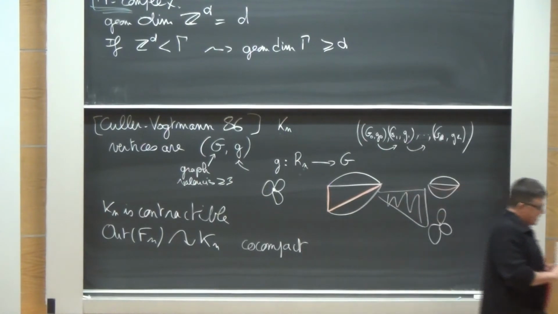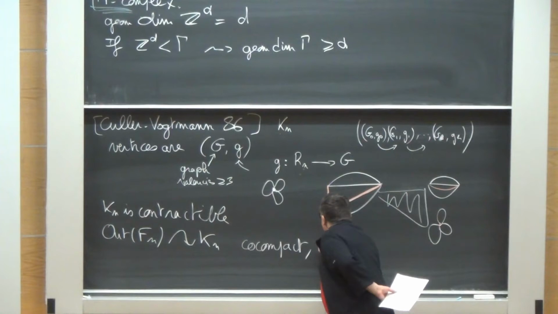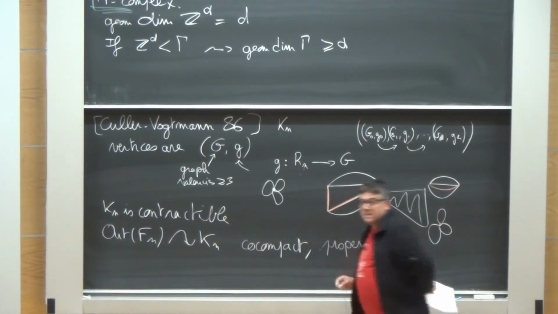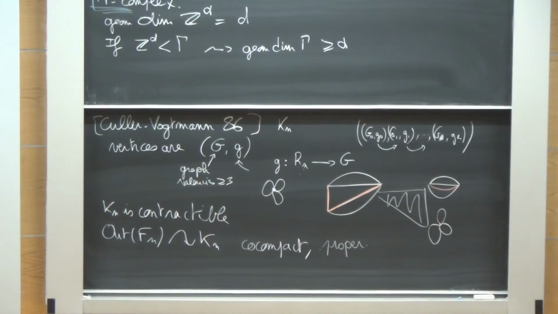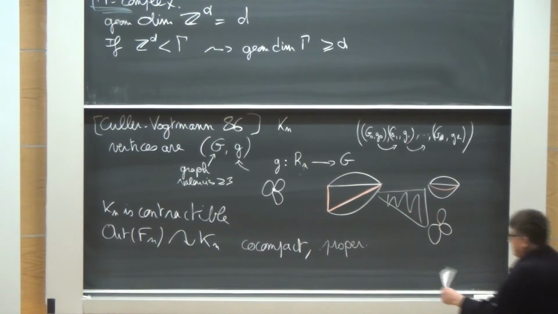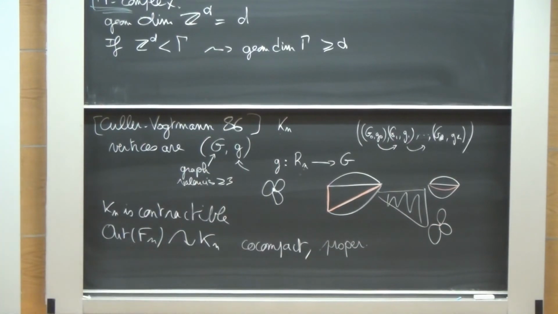But you see, the action is proper, which means that the stabilizers are finite. Okay? And so this is a theorem. But indeed, Out(Fn) admits a finite index subgroup, which is torsion-free.